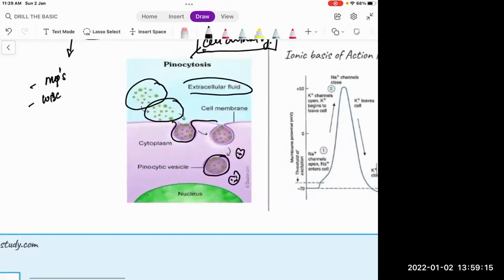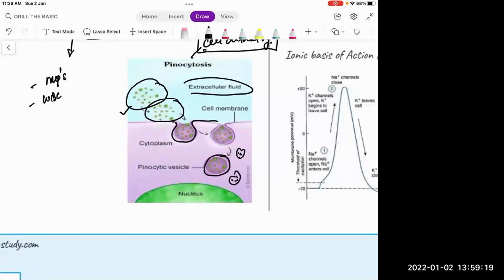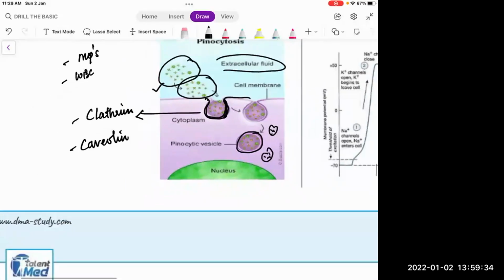In order to mediate this pinocytosis, for those molecules to come and bind with the cell membrane, you need specific proteins which act as receptors. They are clathrin proteins and caveolin proteins.